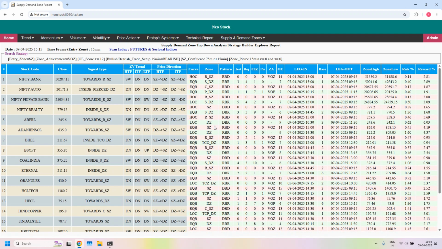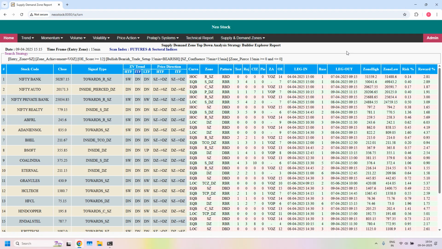Good. Okay, that means we can further look into ITF EMA confluence, because the ITF trend is down in all the 20 stocks. Because it is a bearish trade setup, ITF trend should always be downtrend. HTF could be sideways or downtrend, but ITF should always be downtrend. So that is the reason why.